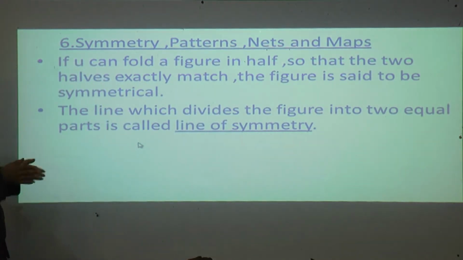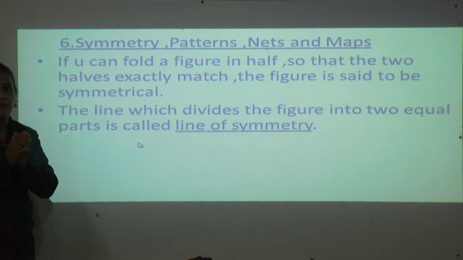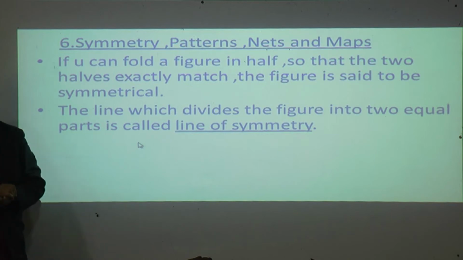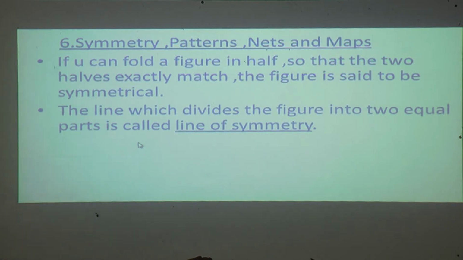The line which divides the figure into two equal parts is called the line of symmetry.